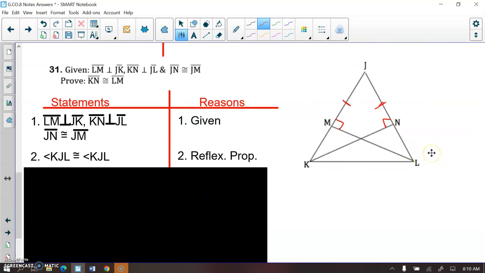All right. So we should notice that KJL and KJL are congruent by the reflexive property. Let's start to mark our triangles. It looks like I'm dealing with this whole triangle, and I'm dealing with ASA in a moment, and I'm dealing with this triangle here.